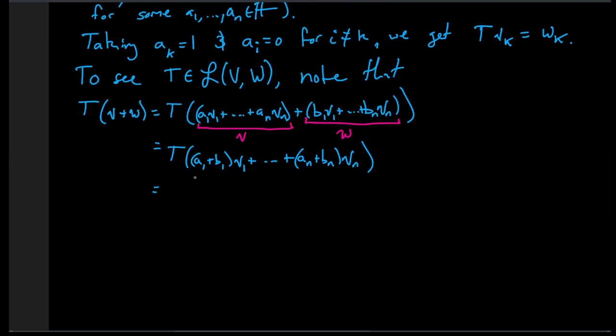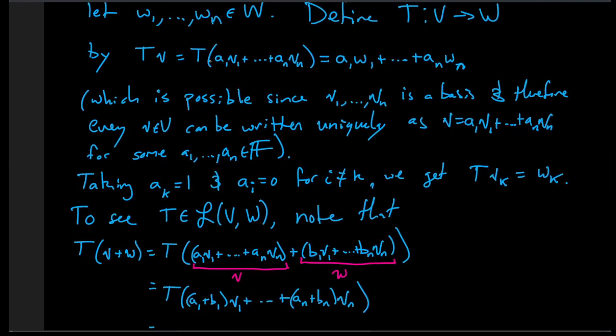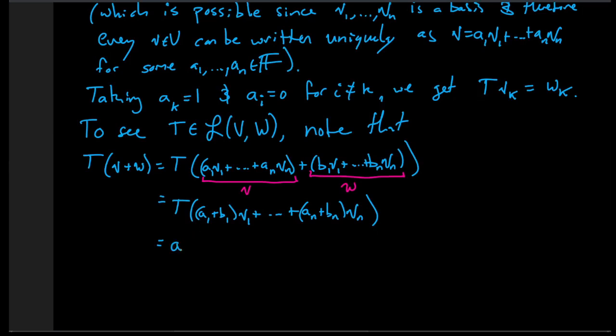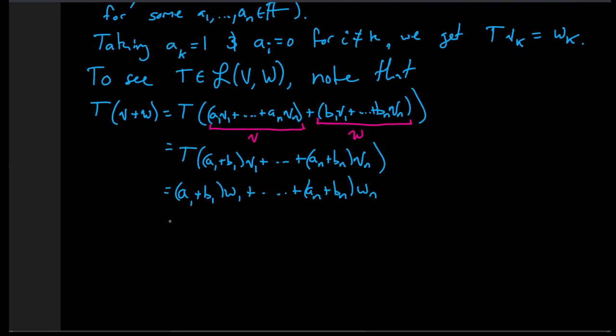But okay, so once I'm here, notice just by the definition of T, it takes a linear combination of basis elements and maps it to a linear combination of the corresponding elements W1 through Wn in W. So this turns into A1 plus B1, W1, plus all the way down to AN plus BN, WN, which, if we start to break it up, is A1 W1 plus all the way down to AN WN, plus B1 W1 plus all the way down to BN WN.